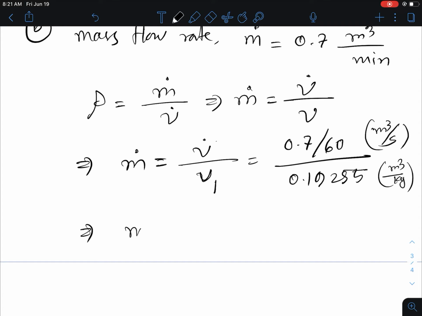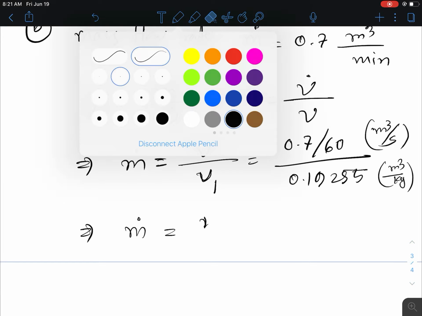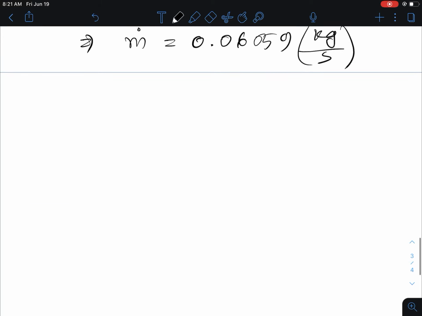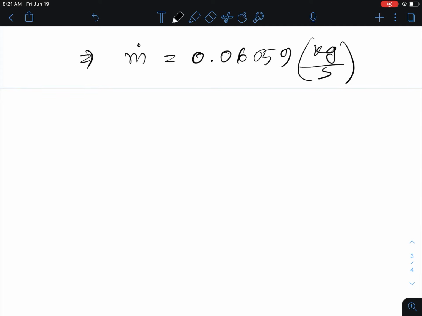So now we'll get this mass in kg per second, which, if we solve this, will be 0.06059 kg per second, right? So we have the mass now.